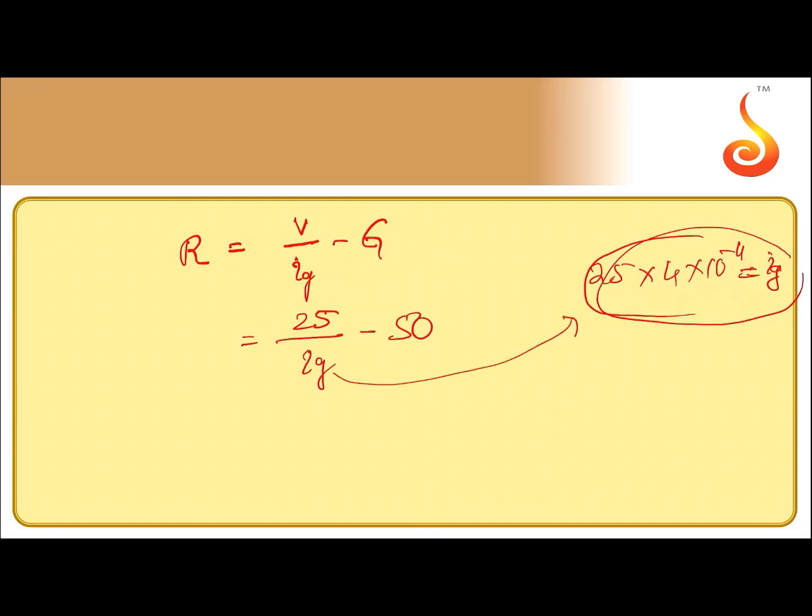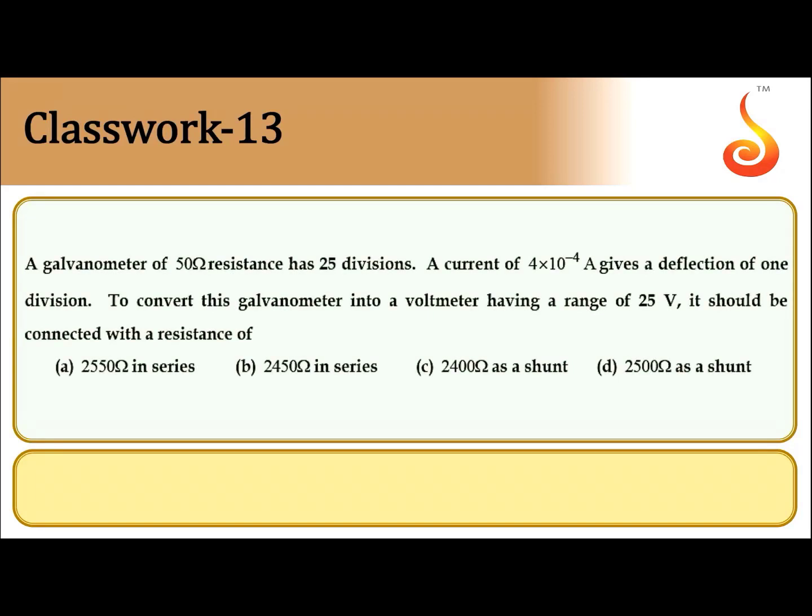So I can substitute this Ig here, and this gives me 2450 ohm. So remember, you are converting galvanometer into voltmeter. So what kind of combination it should be? Obviously series combination. So 2450 ohm in series.